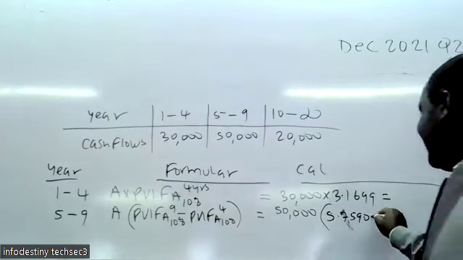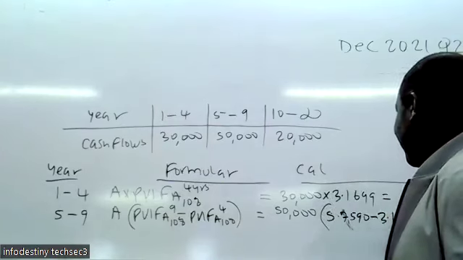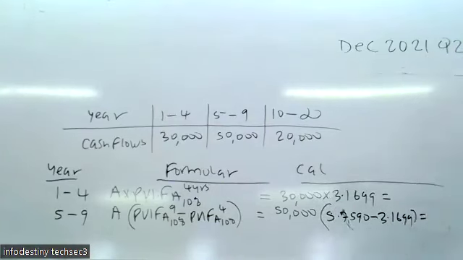Then you less 3.169. The one for year 4 we already have.